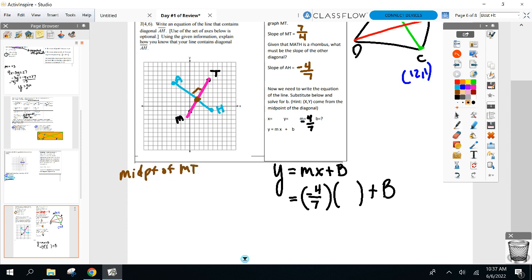And apply it to MT for me. Find the midpoint of MT. X is divided by 2, y is divided by 2.